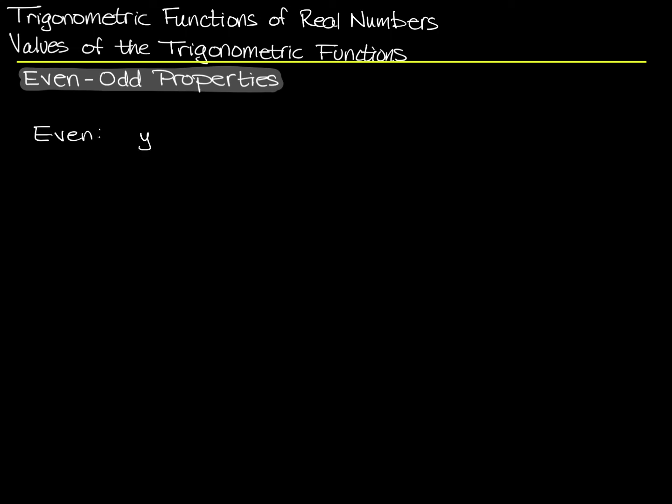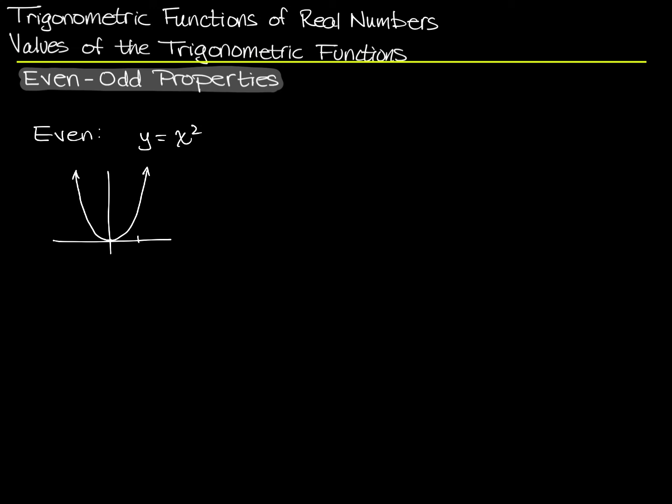An example of an even function is y, or f of x, equals x squared. And here's why. Here's what x squared looks like. There's y equals x squared for some scale.